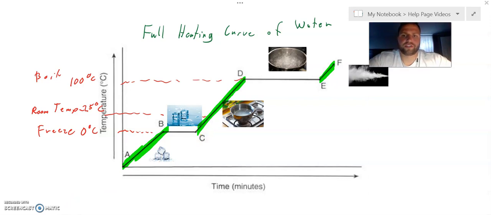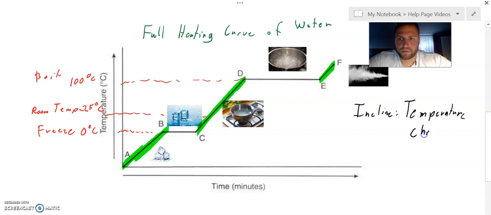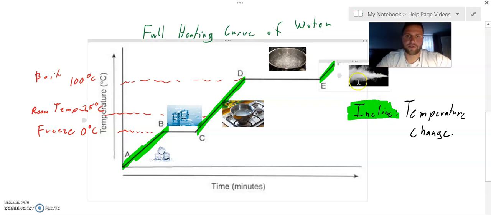Every portion of the graph we just highlighted in green is considered a temperature change. So whenever we get an incline in a heating curve, we know that there is a temperature change. We'll color code this green to remember that this corresponds to the green sections of the graph.